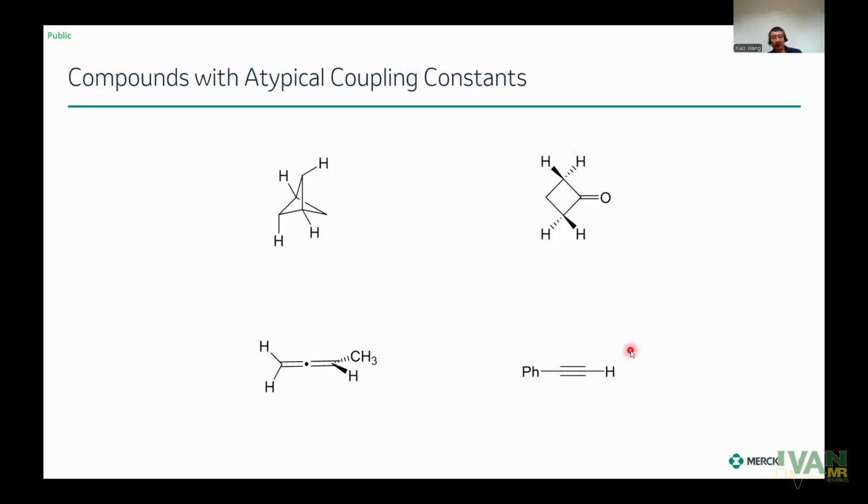So these are some examples of compounds with unusual coupling constants, especially in highly sterically constrained molecules like this. The first compound is called BCP, or bicyclo[1.1.1]pentane. This is a trending moiety right now.